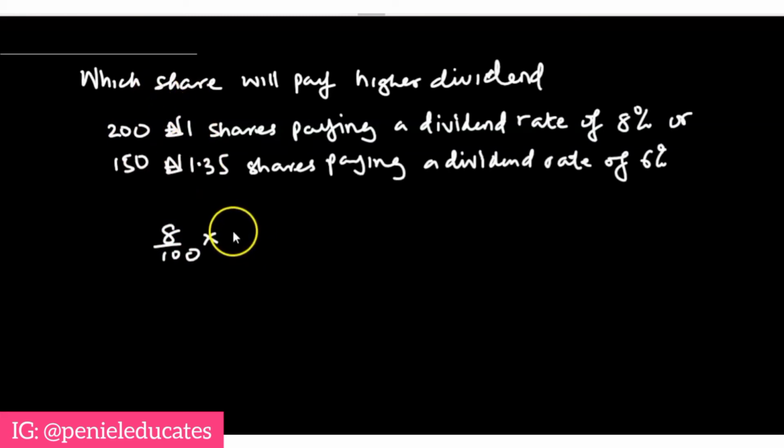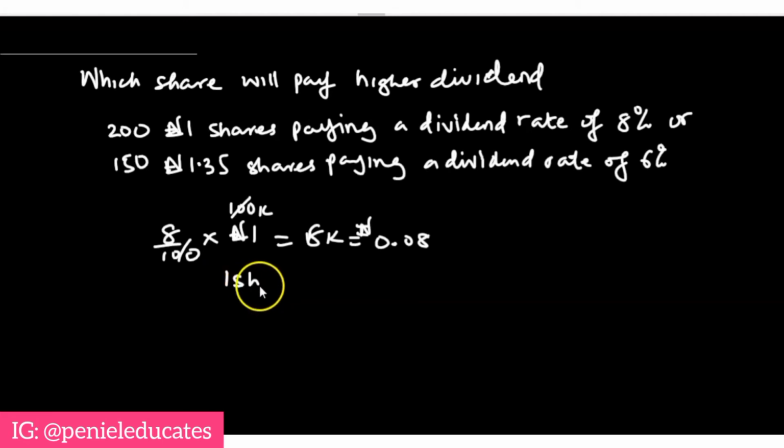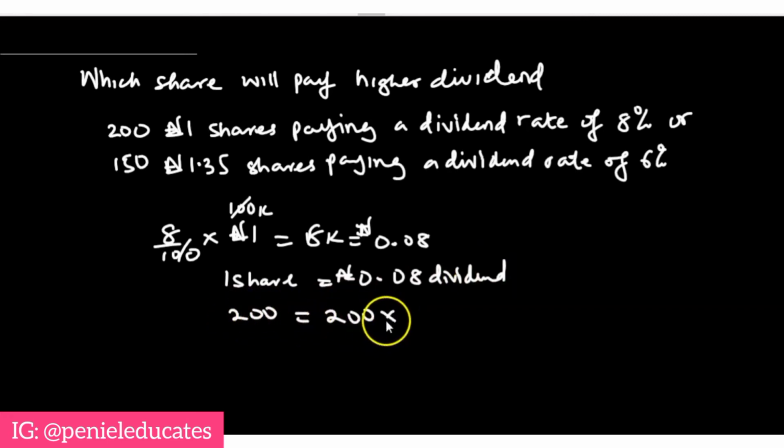Convert this to 100 kobo, and it's going to give you 8 kobo, which is 0.08 naira. So one share will give you 0.08 naira as a dividend.